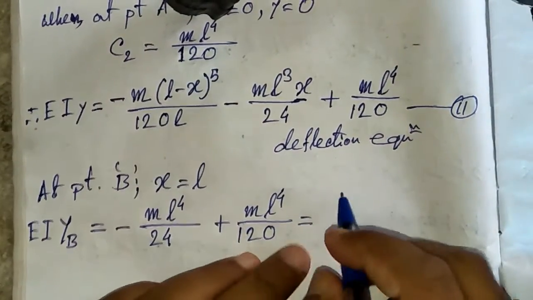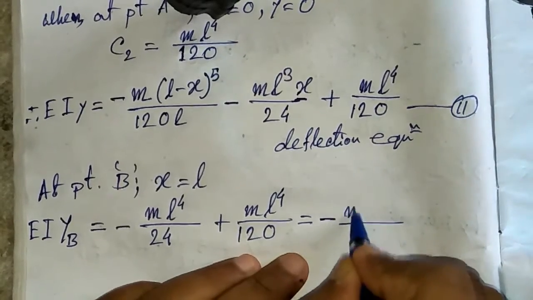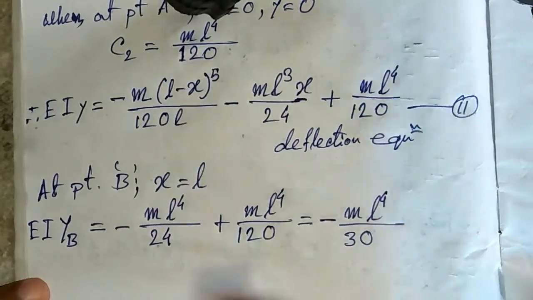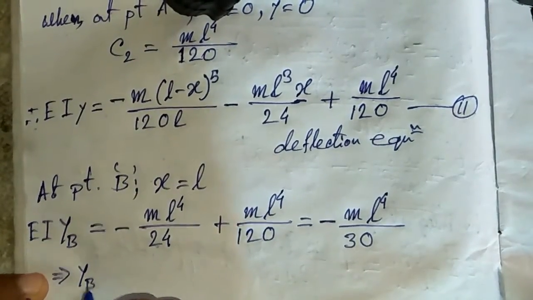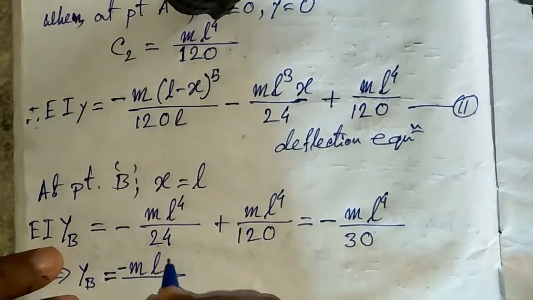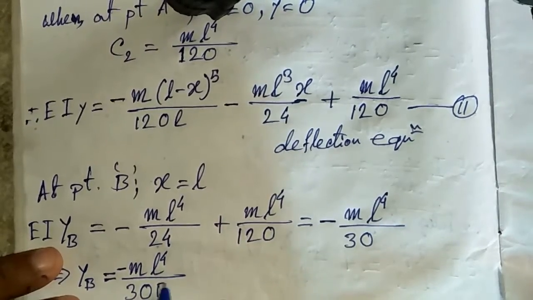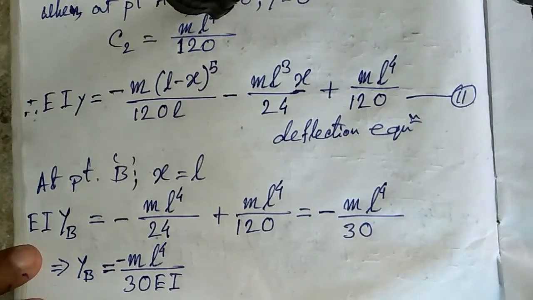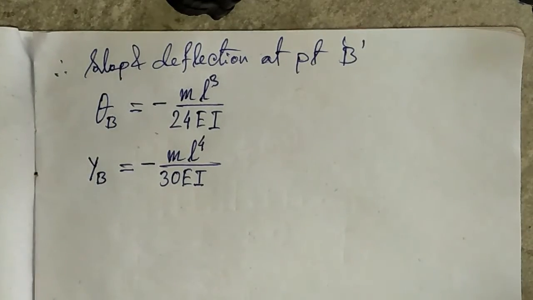So that becomes minus ML to the power 4 by 30, or the value of YB becomes minus ML to the power 4 by 30 EI. So the slope and deflection at point B is theta B equals ML cubed by 24 EI, and YB is minus ML to the power 4 by 30 EI.